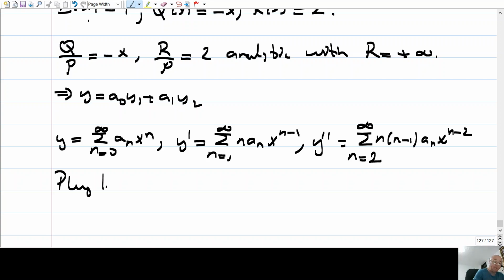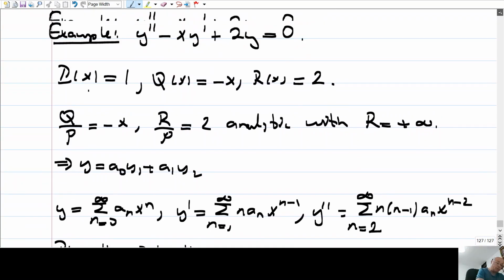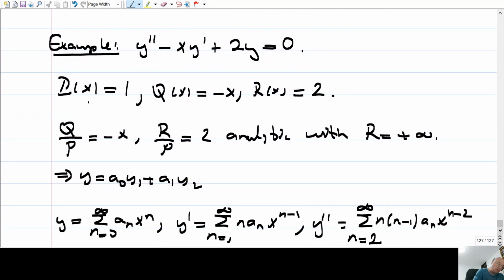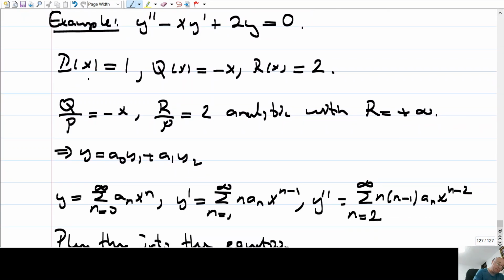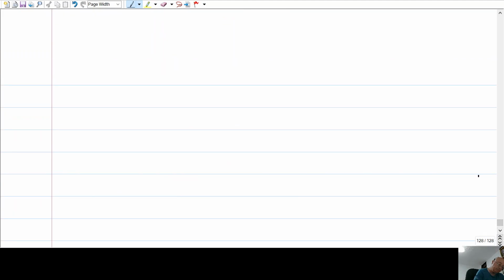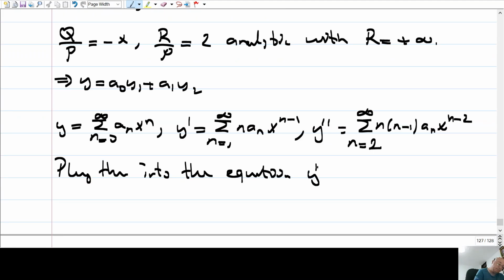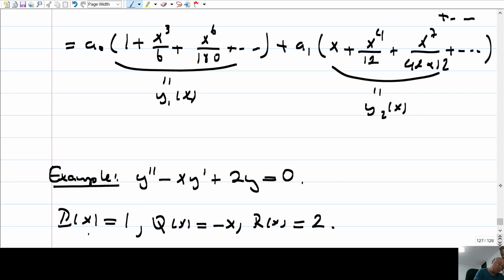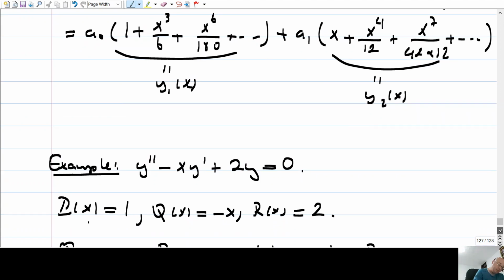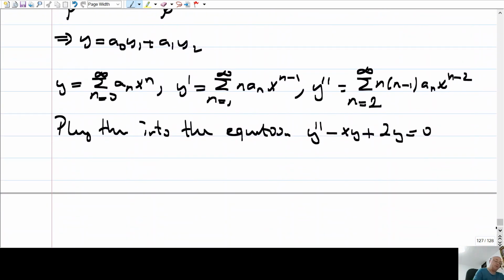Plug them into the equation. What was the equation? So y double prime minus x times y prime plus 2y equals 0, right? Yes. So we get what?